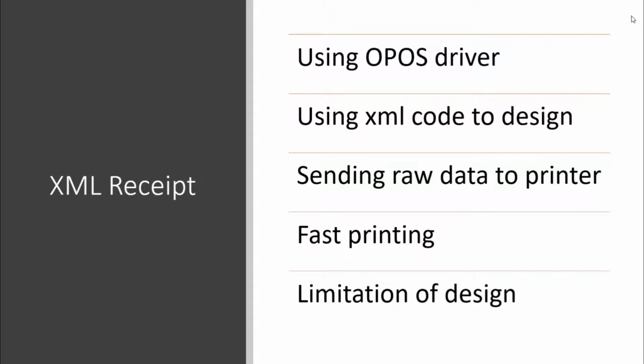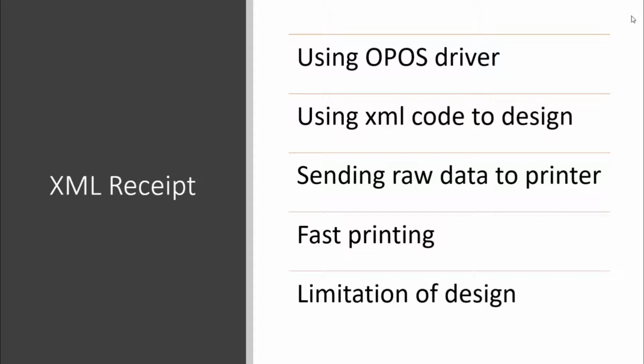The second feature of the XML receipt is that it uses XML code to define the layout. In a supermarket, you can see a small receipt printed very fast, with no color, only black and white. Because we use XML to define the receipt, we have objects and we send the data into the object and print it to the paper.